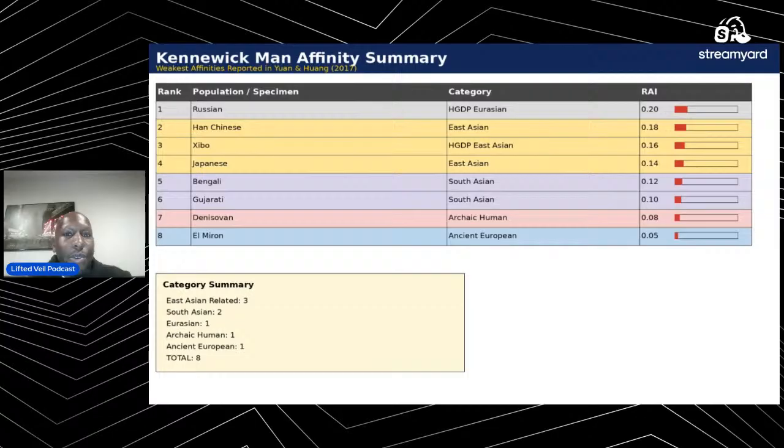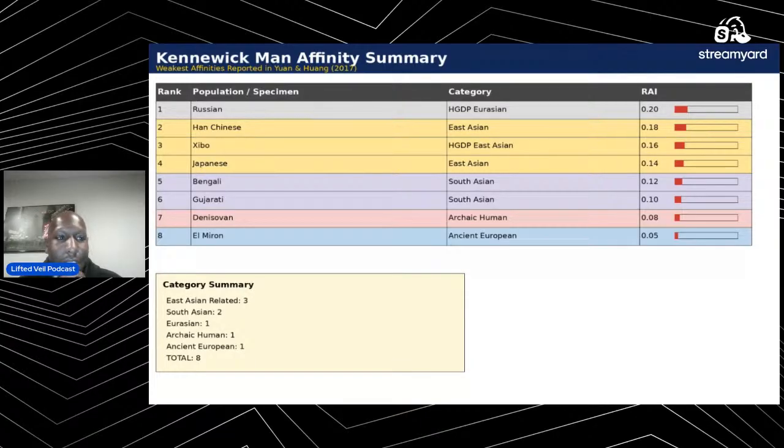So as I move forward, we're going to find out what other characteristics of Kennewick Man in terms of his autosomes he showed, and I'm going to put this together. So just keep in mind that he didn't share affinity with modern Russians. This is going to come into play later. And pretty much all East Asians, he didn't share affinity with.